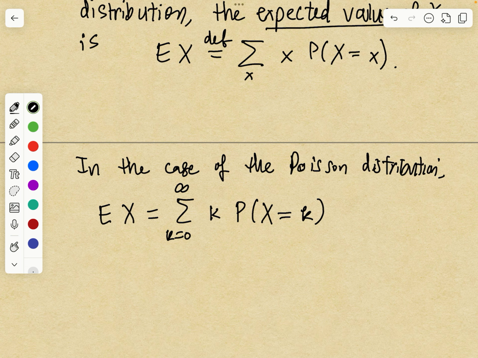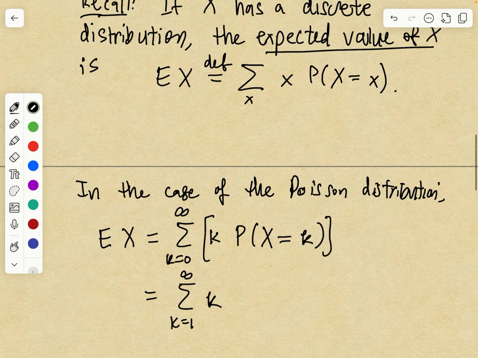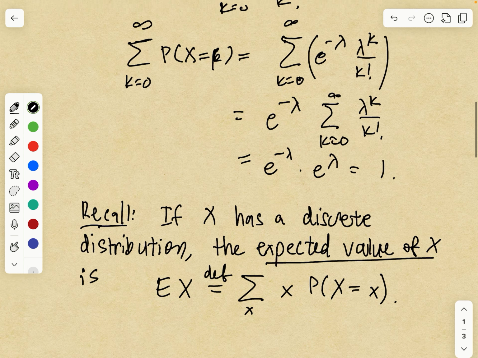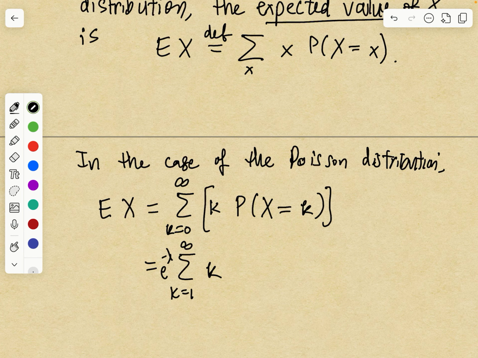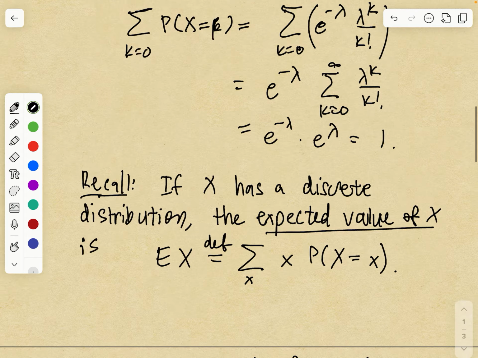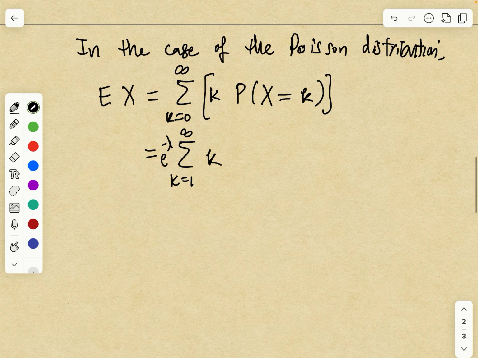So we just need to sum from k equals 1 to infinity of k times the probability that X is k, which is e to the minus lambda, lambda to the k over k factorial.